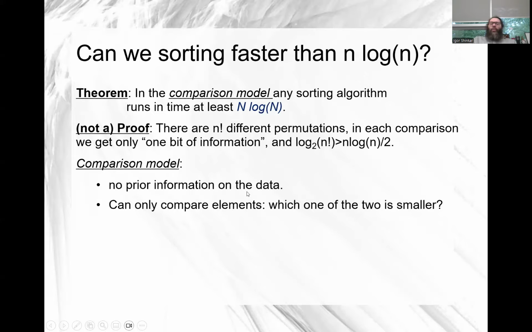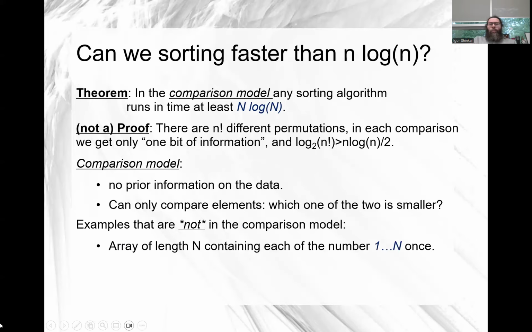Which means basically, you don't have any prior information about the data. So the only thing you have is, given two elements, can I compare them? Which one should go first in the sorted array? And let me tell you examples of what's not the comparison model. For example, if your input is an array of length n that contains all numbers from 1 to n exactly once, then this can be sorted faster than time n log n.